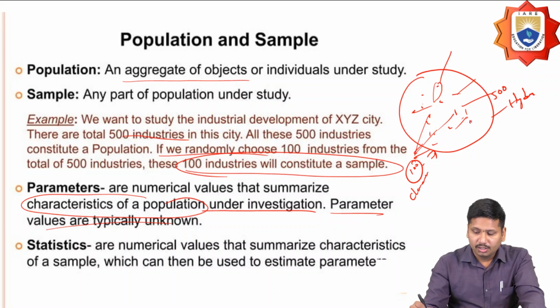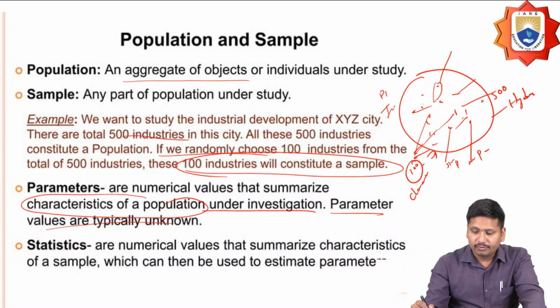Suppose each and every industry has some characteristics. Some of them may be medical industries, some may be steel industries, some may be iron industries, like this. So based on the characteristics, I have to decide the parameter.